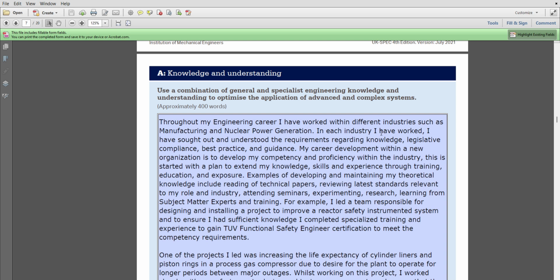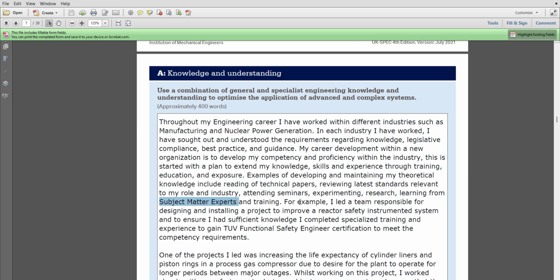So basically, under this competence, you are to provide evidence of how you've extended your knowledge or applied your knowledge. A good example of how you can do that is to consult with subject matter experts so they can do some knowledge transfer to you.